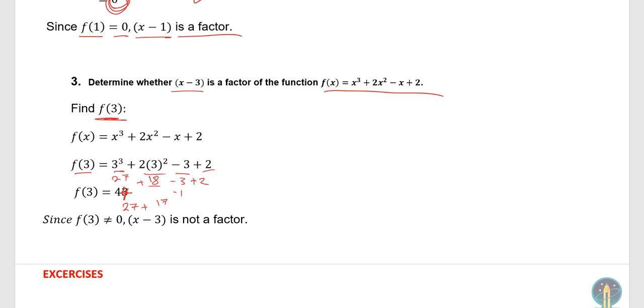Okay, since it is not equal to 0, then x minus 3 is not a factor.